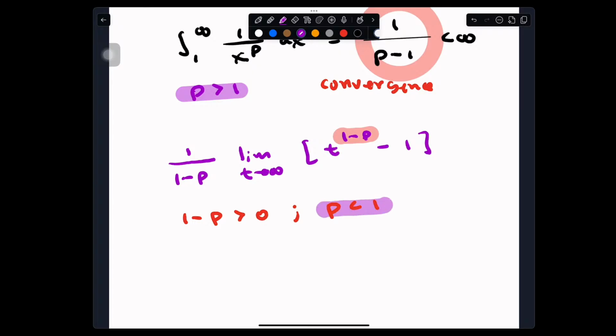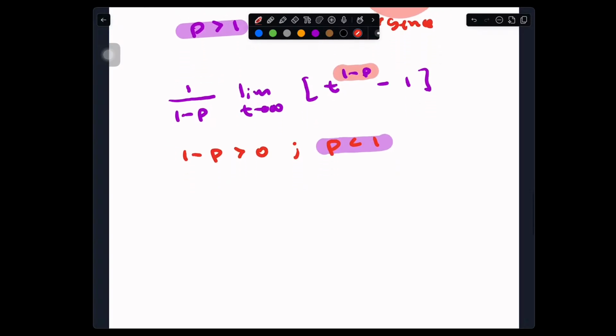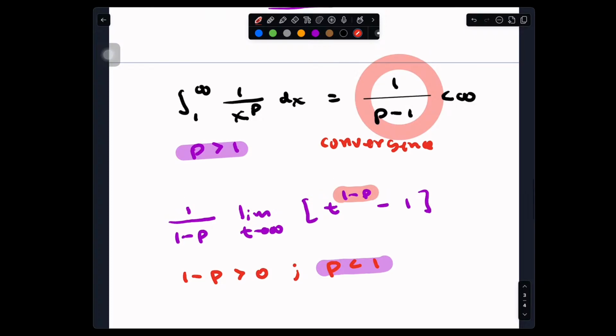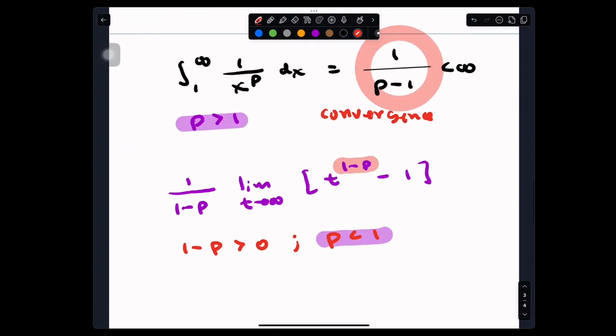So we're going to look at that case and what happens to the limit here now for this. And so p smaller than 1.